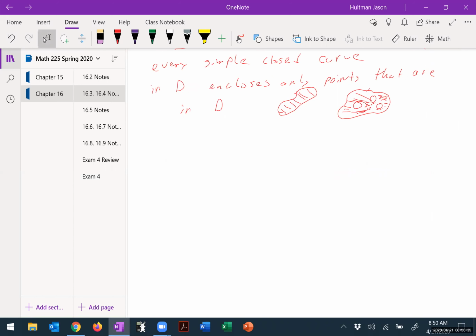So we want to exclude what we don't want, and opt for what we do. So this is not simply connected.